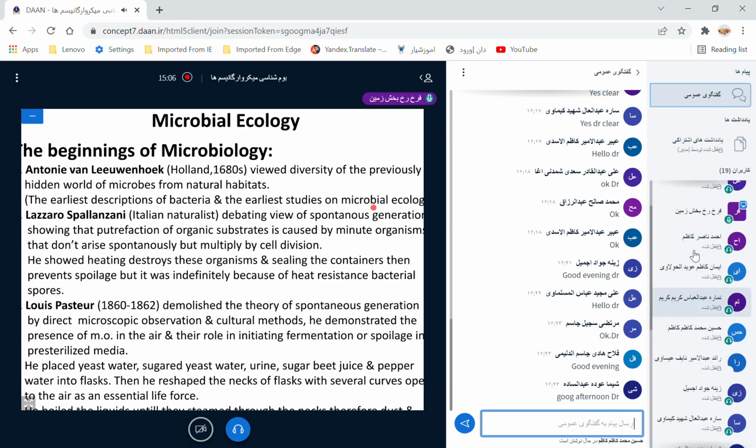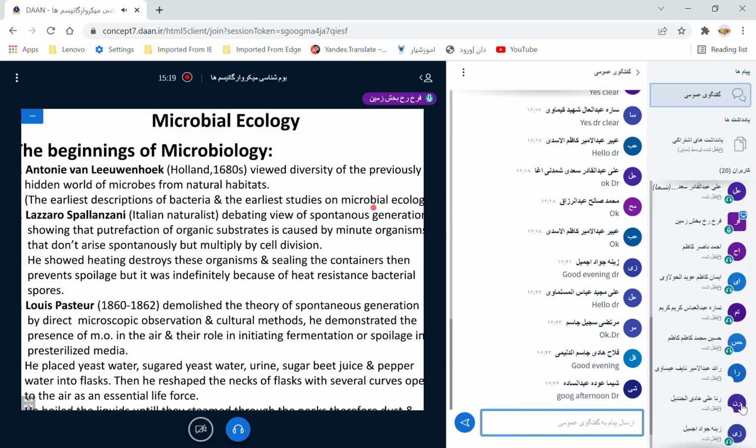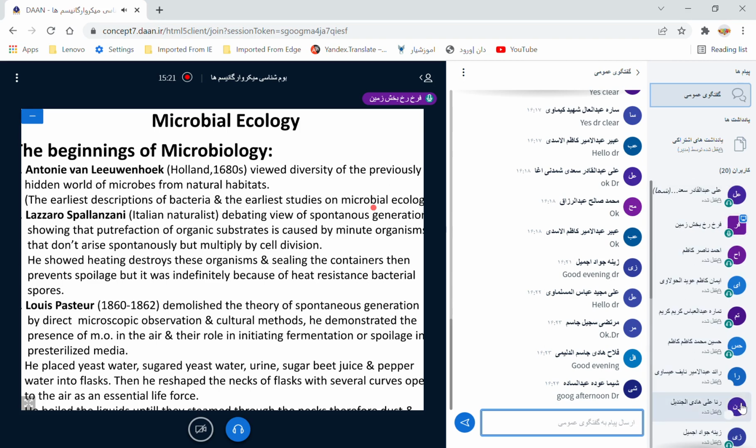Some have cilia, some have flagella, some are predators, eating and engulfing other microbes, and he wrote down whatever he observed.